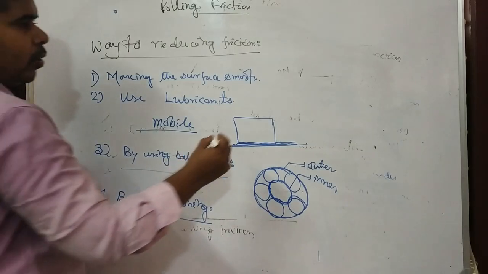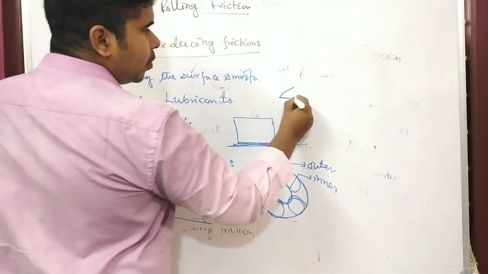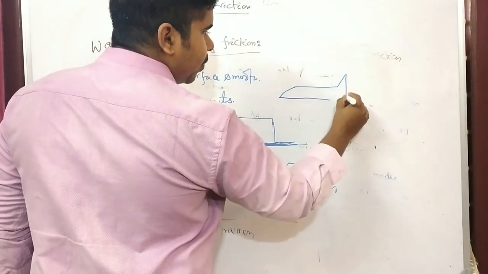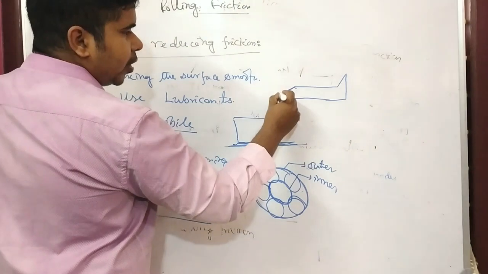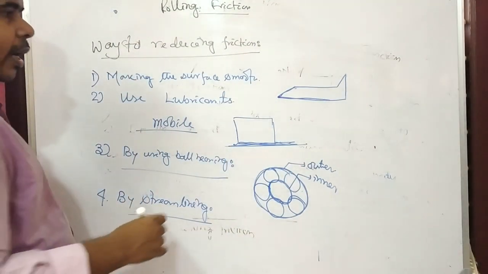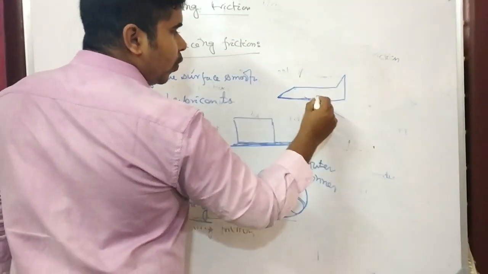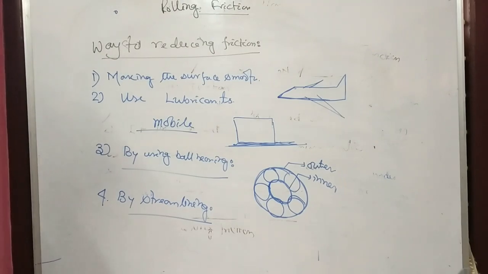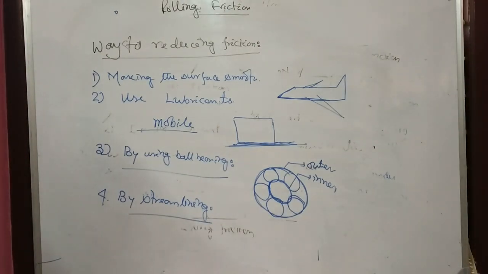If I talk about the shape of a plane, you see the face is pointed so that it can move faster through the air and the resistive force applied on it will be lesser.